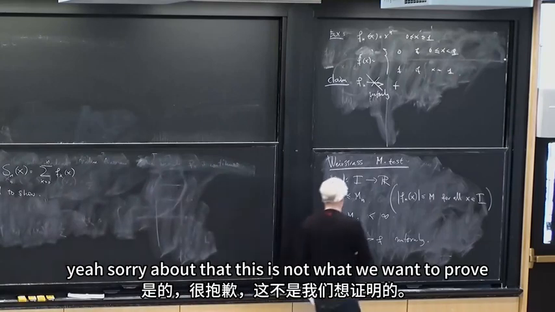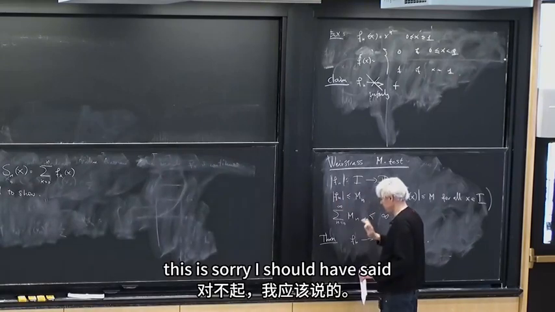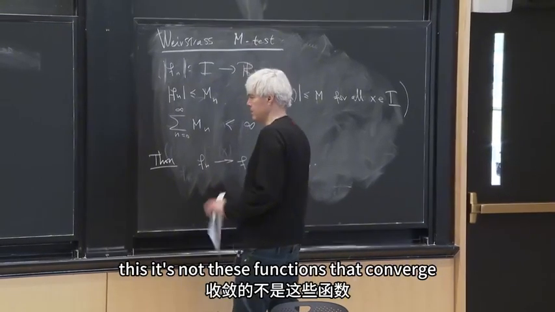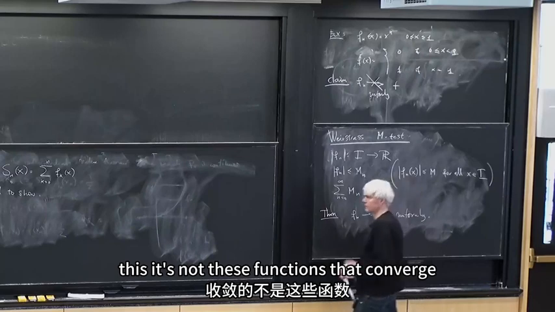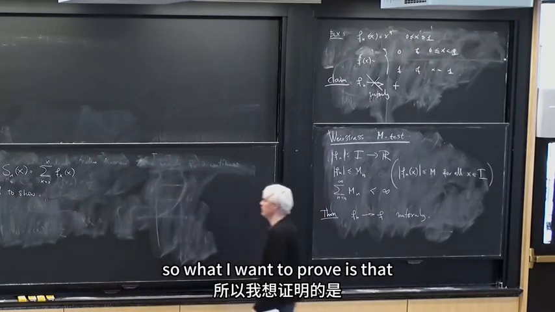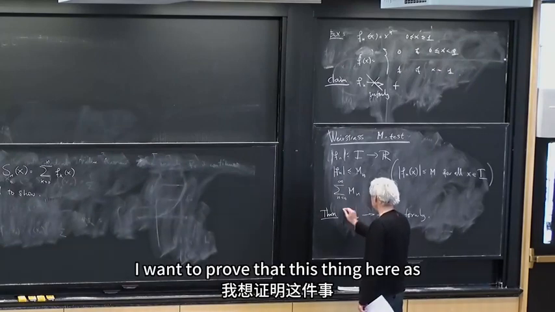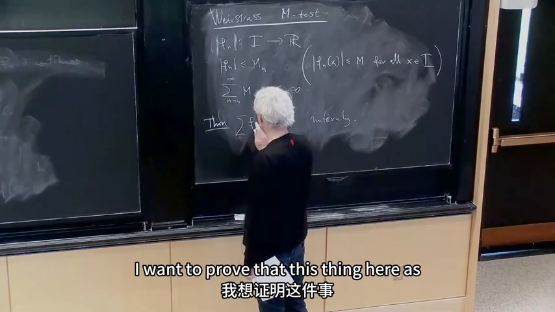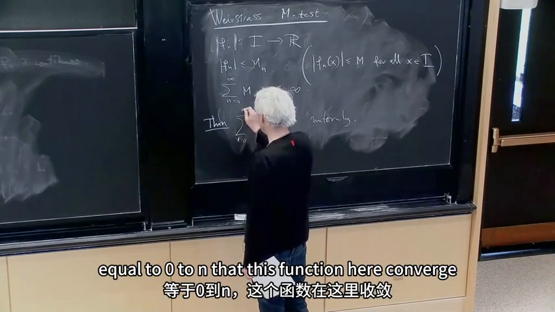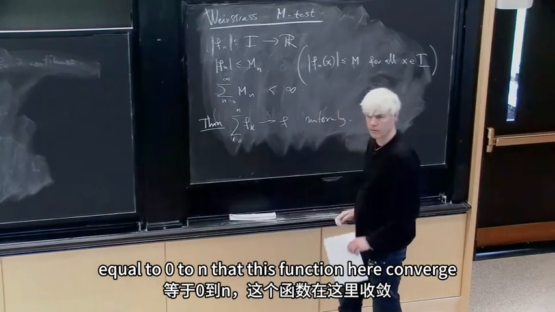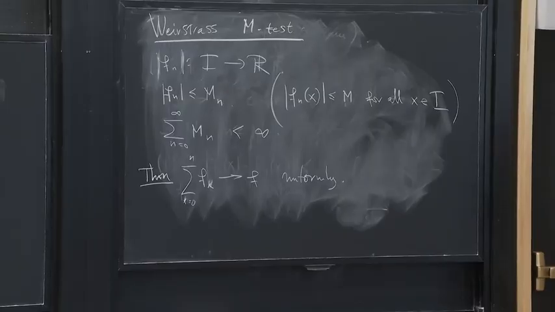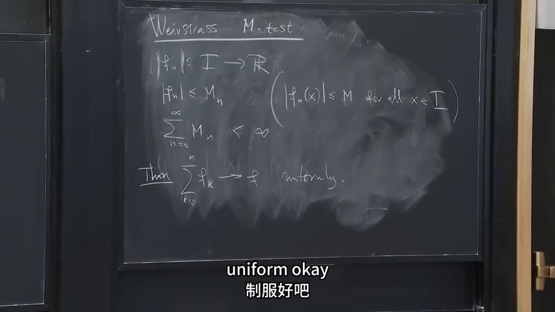This is not what we want to prove. I should have said, it's not these functions that converge, it's a sum of them. So what I want to prove is that these functions here, the sum from k equal to 0 to n, converge uniformly. Okay.